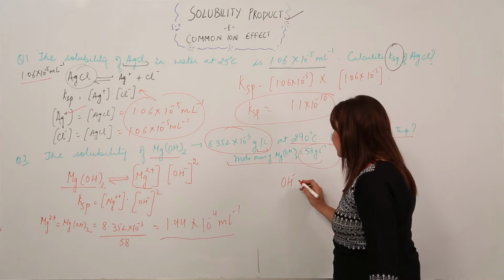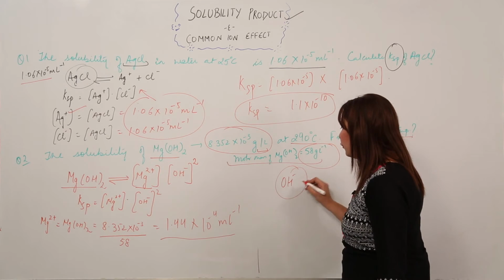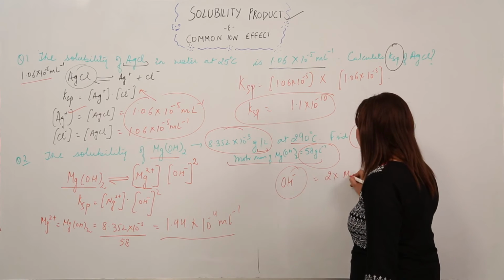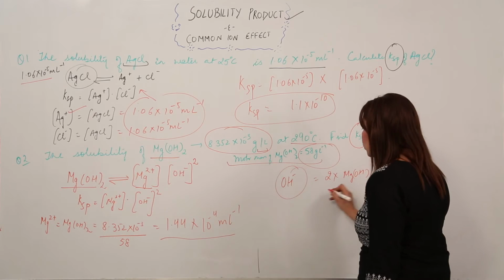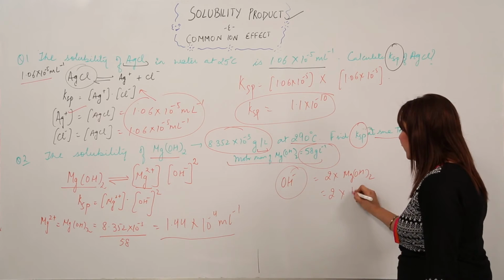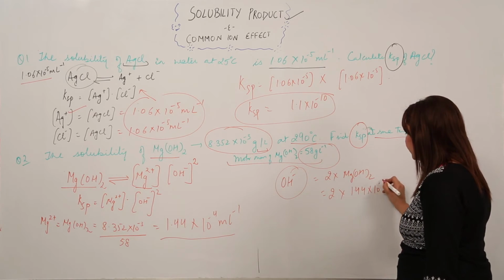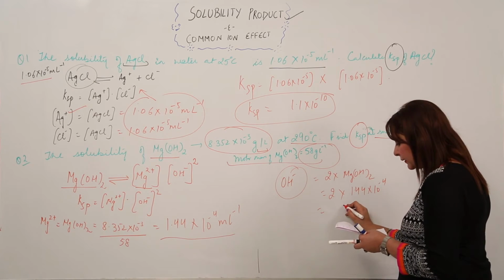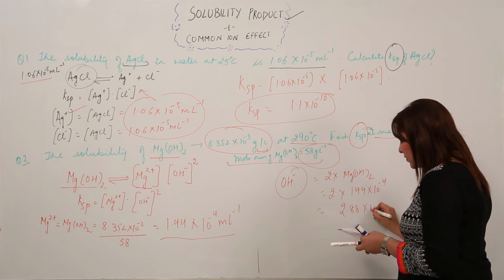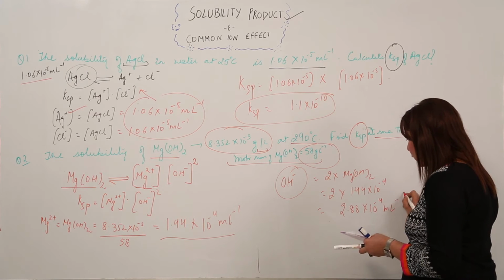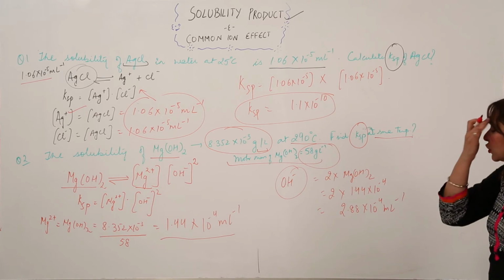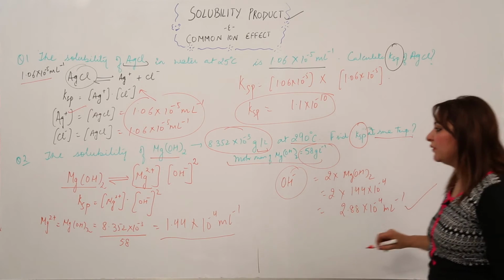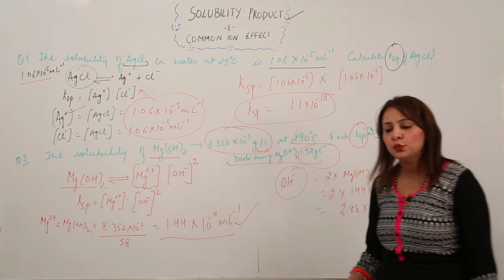So if we wish to have the concentration of OH, we need to multiply the value of Mg(OH)2 by 2. So substituting it and solving, I'm just writing the answer directly: 2.88 into 10 to the power minus 4 moles per liter. Right, so this is the concentration of the OH- ion and this is the concentration of Mg2+.